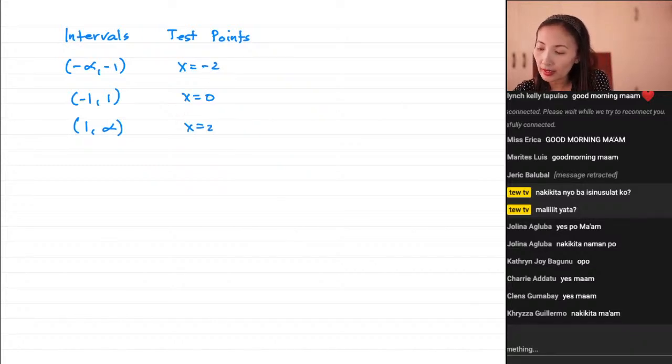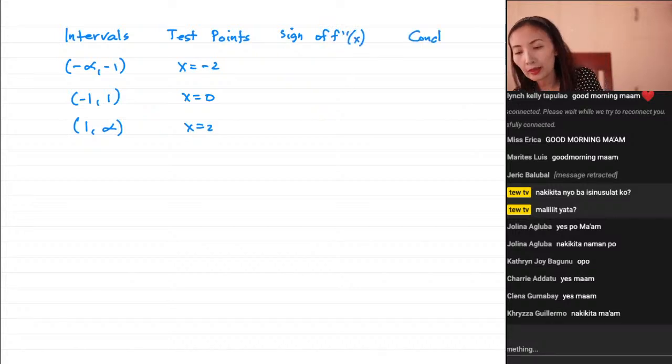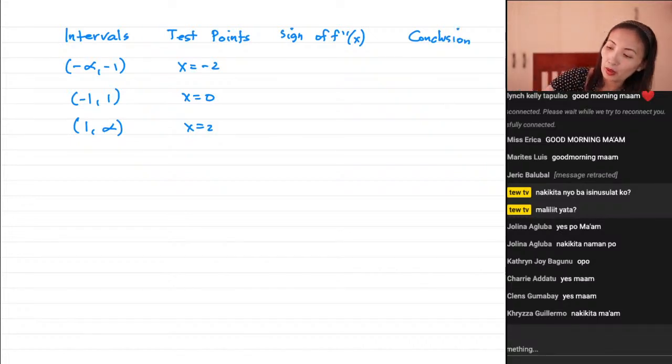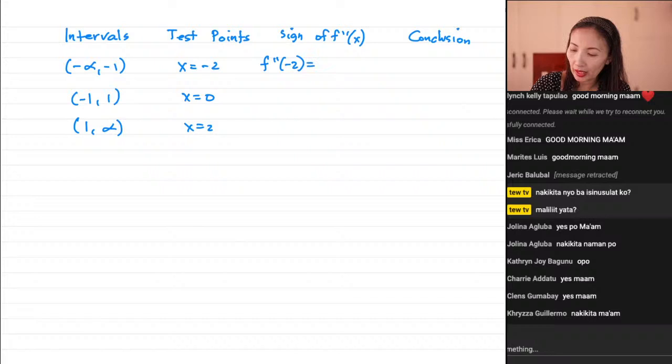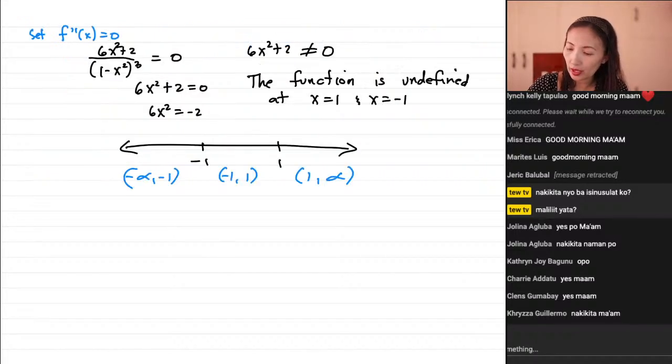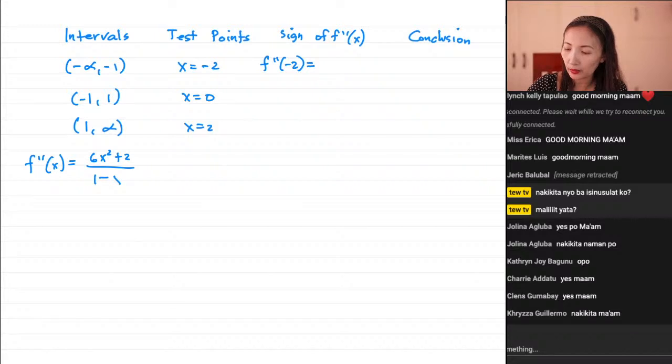Now we will look into the sign of f prime prime of x, and then what will be our conclusion? What is f double prime of negative 2? So f prime prime from our previous step is, what did we get? 6x squared plus 2 all over 1 minus x squared to the third power.